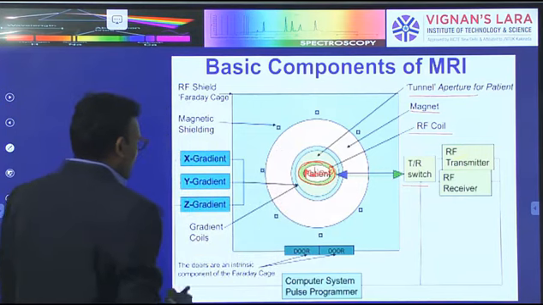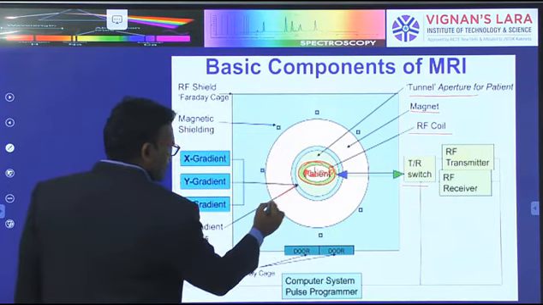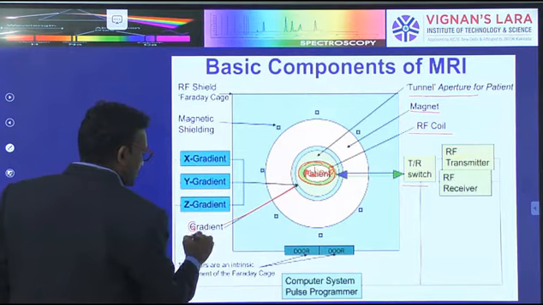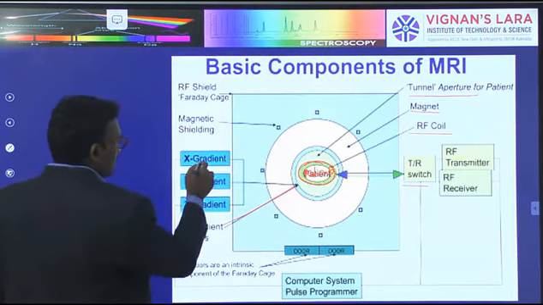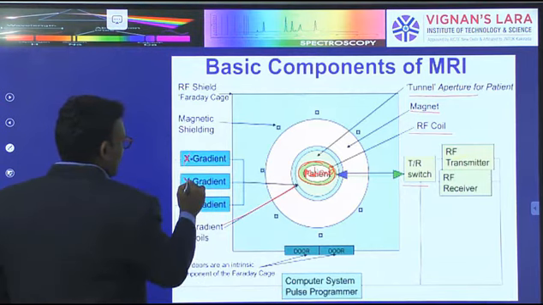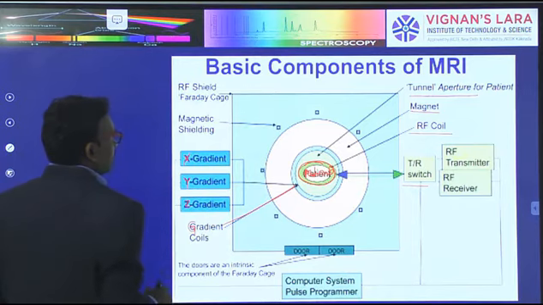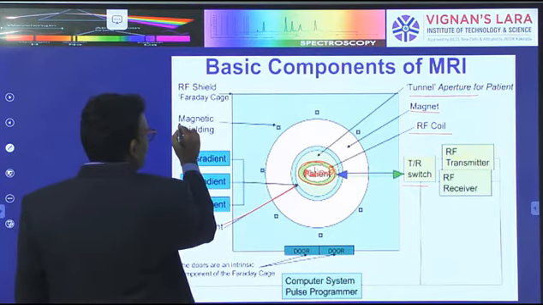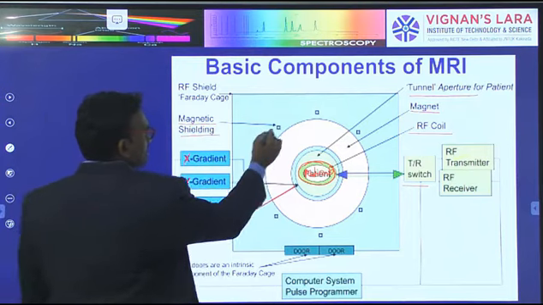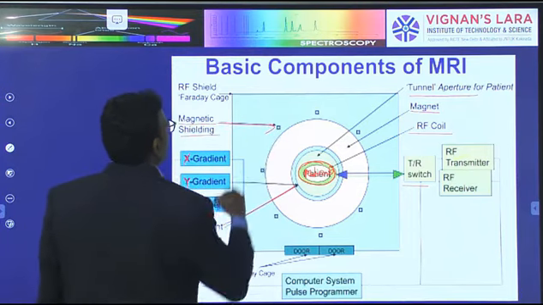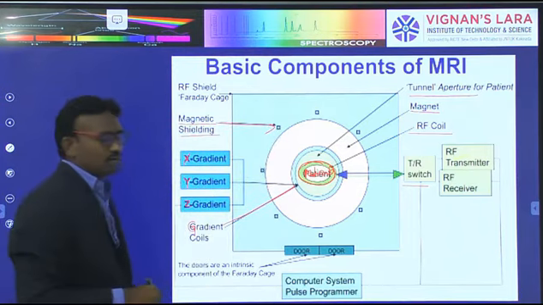There are also the gradient coils, the X gradient, Y gradient, and Z gradient, the magnetic sheet, and the RF shield.